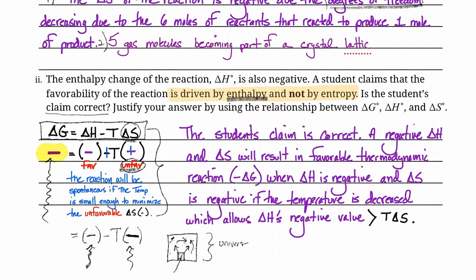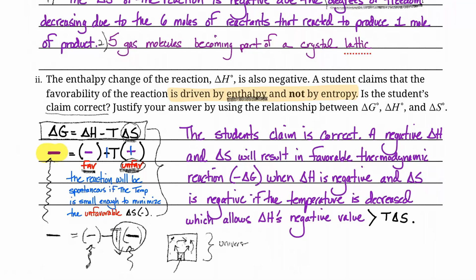So we have a favorable condition, being exothermic, but an unfavorable condition. So how do we make a negative delta G, which we know makes it spontaneous, which is the same thing as making the universe clearly increase in entropy? Well, what we have to do is limit this unfavorable condition. See the T in front? That's why we need a lower temperature.